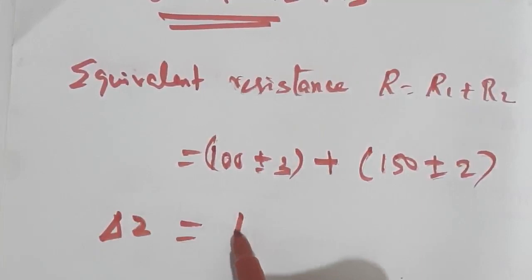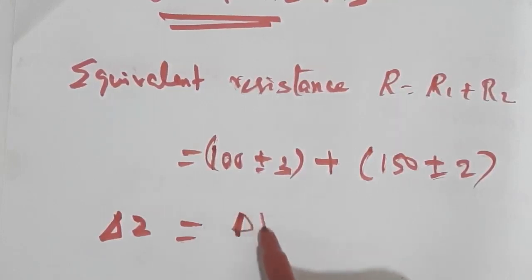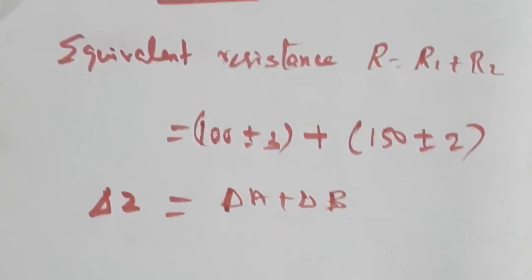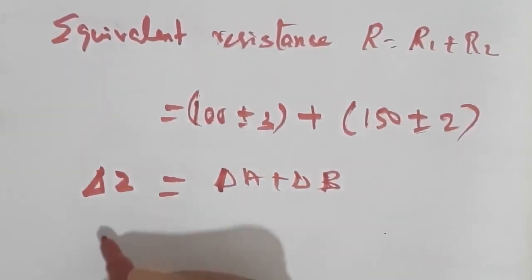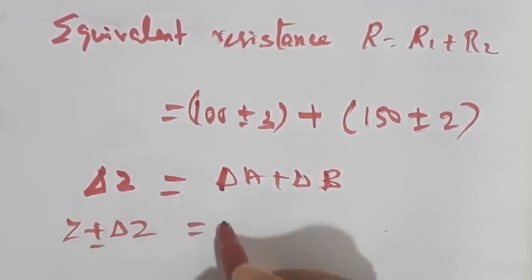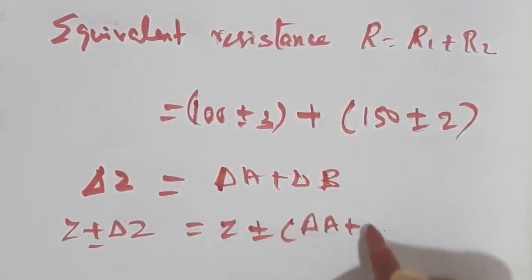Delta Z is equal to delta A plus delta B, or else we can write Z plus or minus delta Z is equal to Z plus or minus delta A plus delta B. This is the formula.